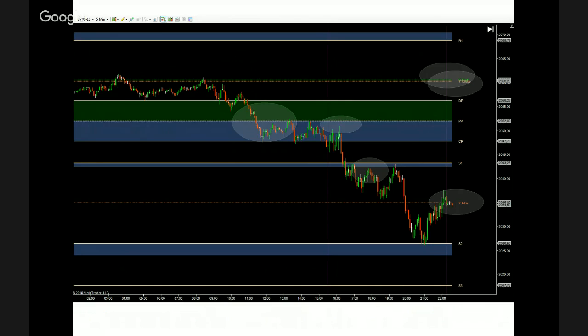And then there was a test of this first support level from below, which at that point was resistance, and then a sell-off followed after a failed test. So as we see here, the second support marked the low point of the day, and then there was some buying pressure, and the market bounced back up to the low level of yesterday.